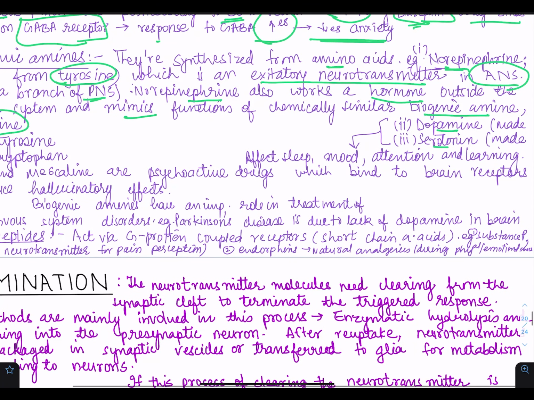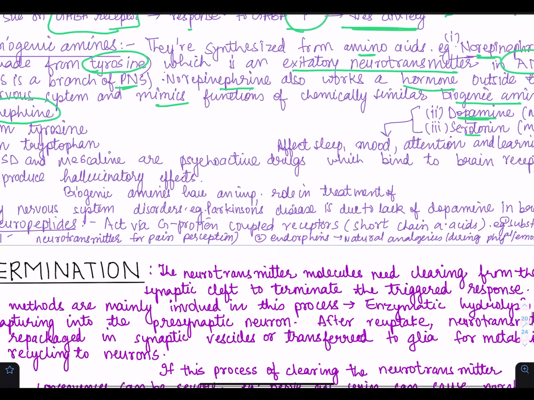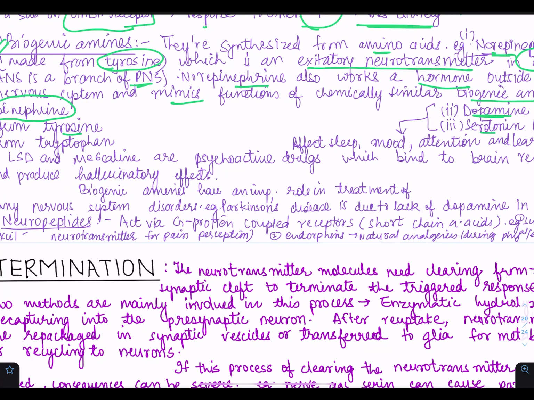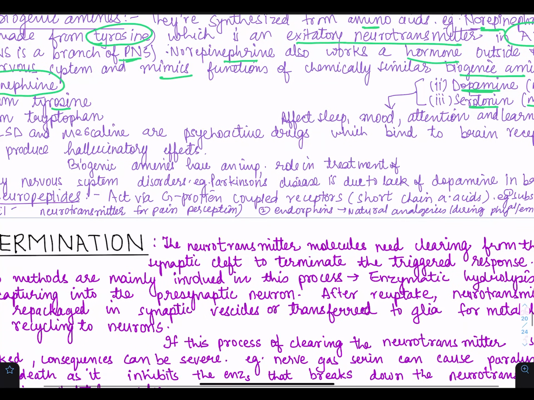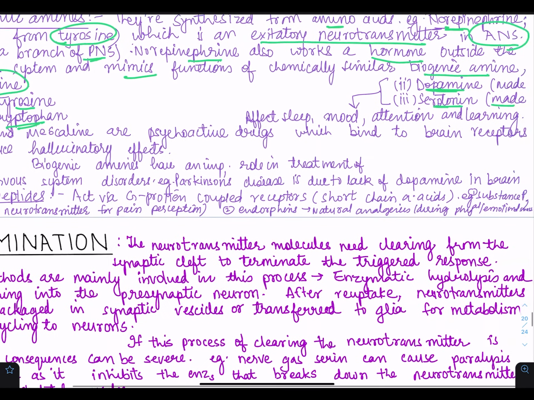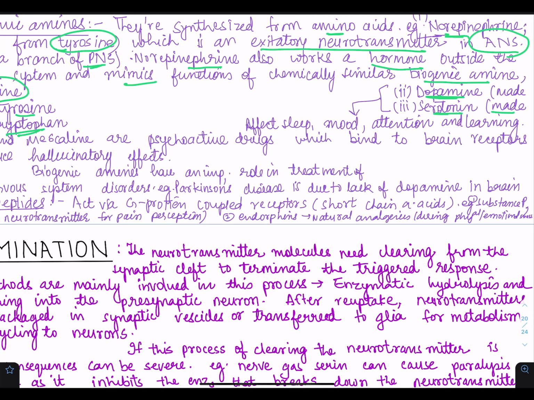Now we study dopamine. Dopamine is made from tyrosine, and serotonin is made from tryptophan. Both dopamine and serotonin affect sleep, mood, attention, and learning.